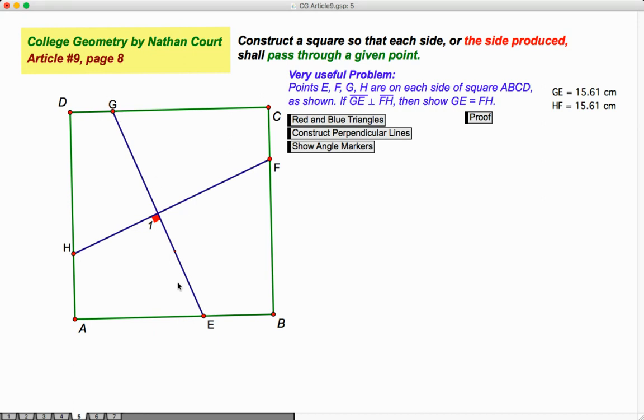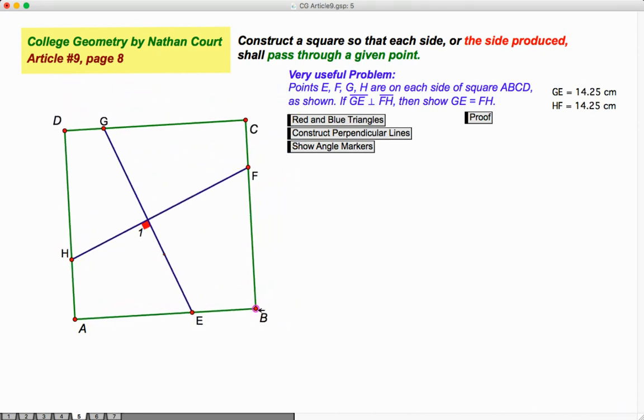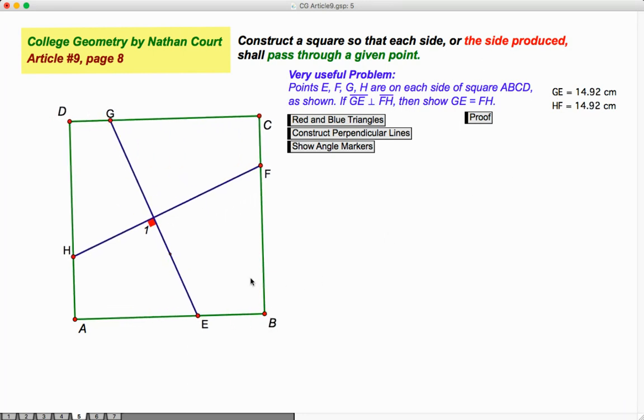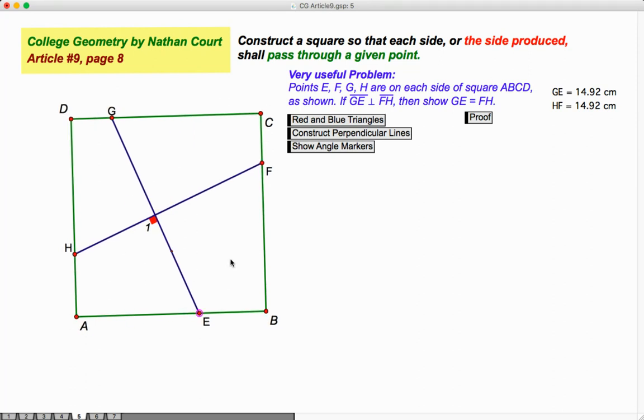If the segments are so constructed that these two segments are perpendicular, then it must be true that GE and FH are congruent to each other. If I drag A, B, and C, GE and HF will always be congruent, or equal in value to each other. However, I can also drag point F.